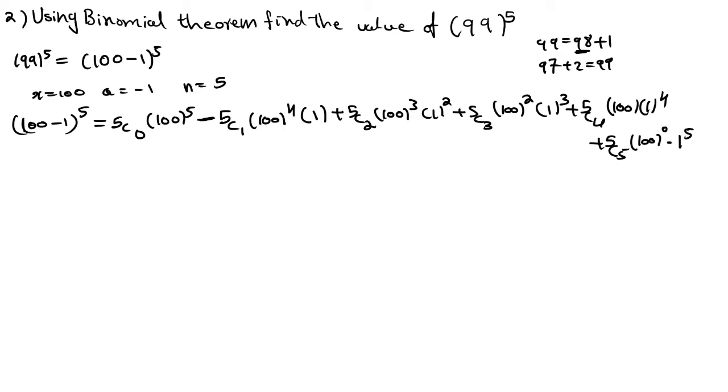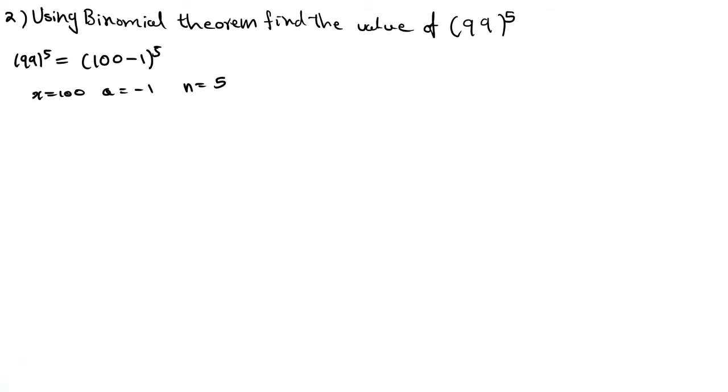Okay, in the next step, multiply this one. It's equal to 5C0 value is 1 into 100 to the power 5. Now consider 100 minus 1 to the power 5. Expand, it's equal to 5C0 into 100 to the power 5. Next minus. Okay, because in the middle minus is there, so whenever suffix of C is odd, you need to put minus.